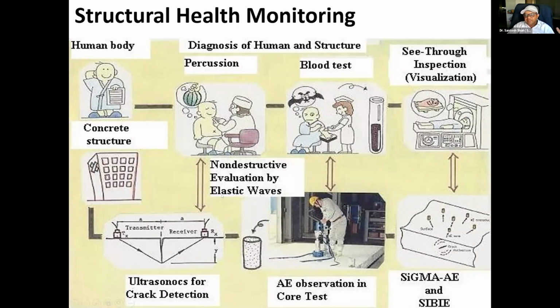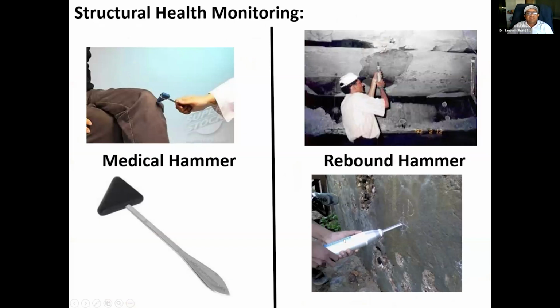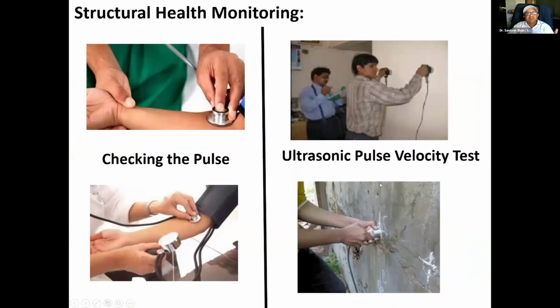Similarly, as a structural engineer or civil engineer, we utilize tests like the rebound hammer, ultrasonic pulse velocity, and in case we may have to take a core, like the way the doctor takes our blood sample, we may have to take a core from the existing structure, and we may utilize acoustic emission. As I was mentioning about the hammer, the way the doctor is using a hammer, we are using the rebound hammer.